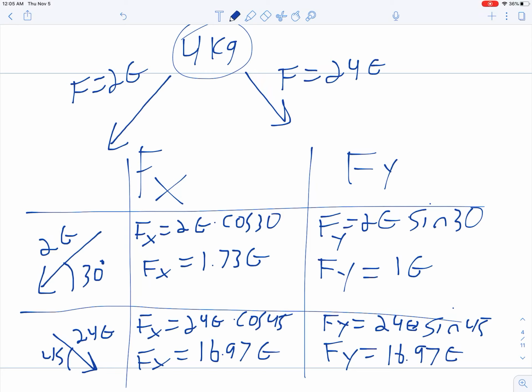Okay, the next step is to get the signs correct. So this one is going left, so I need to make sure it's left, and it's going down. And this one is going right, so that's going to be positive, and it's going down, so that's negative.